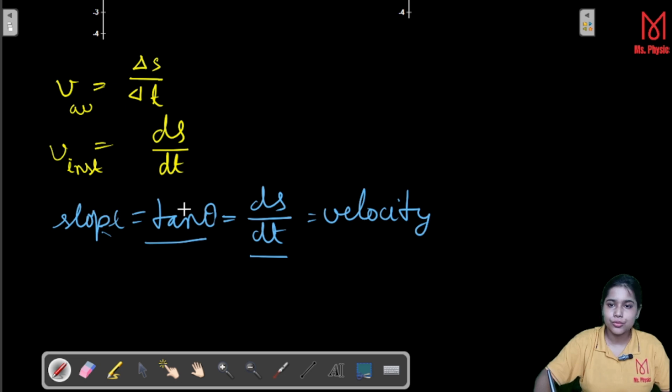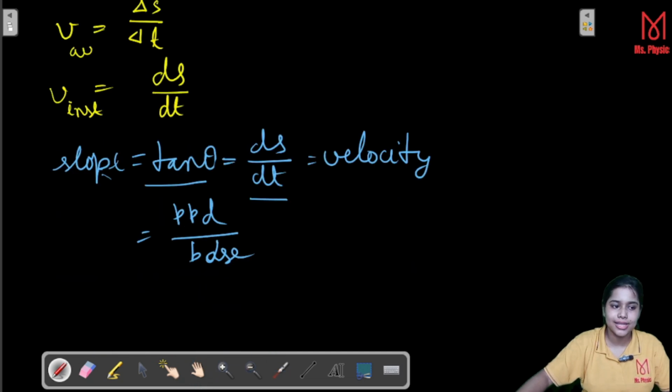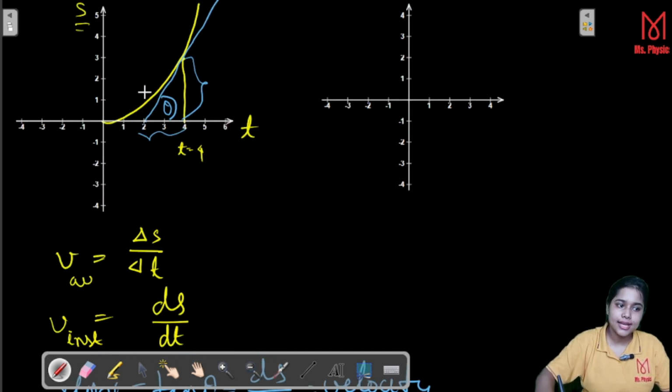There are two ways. Tan theta is perpendicular over base. You can calculate the value of perpendicular, the value of base, and then get the corresponding tan theta. Also if theta is known to you, then you can calculate tan theta.